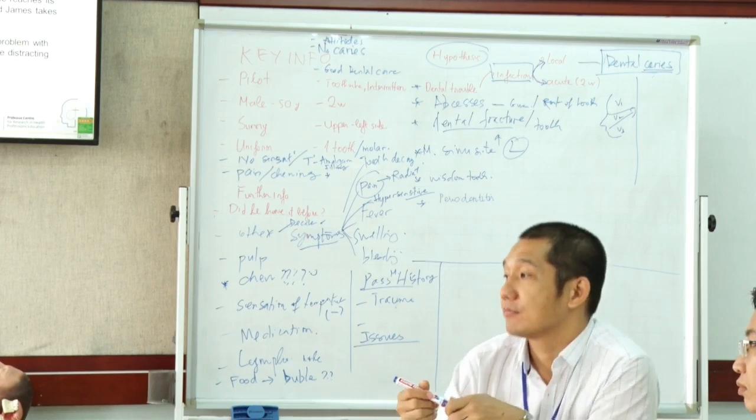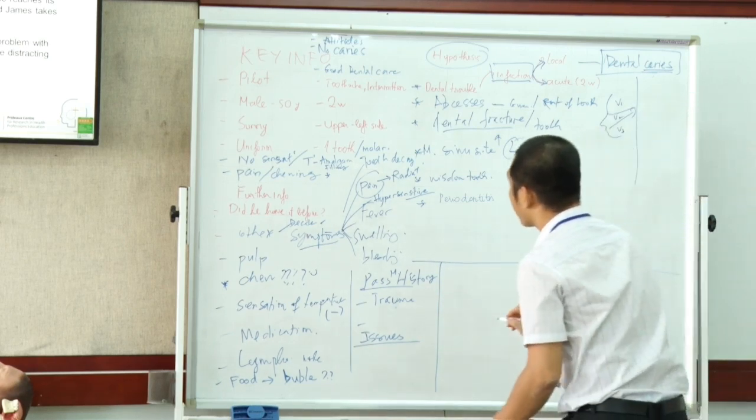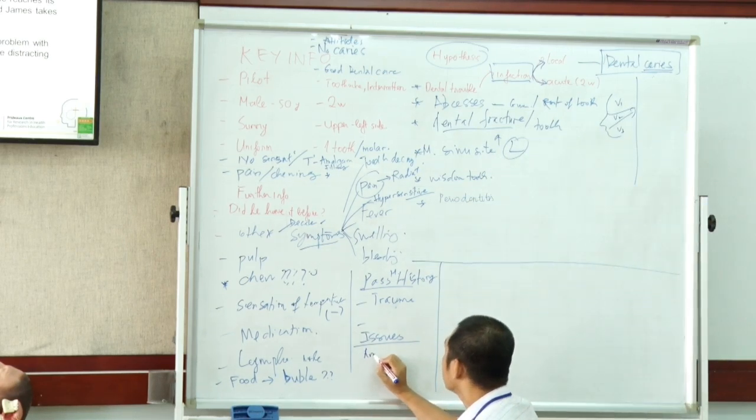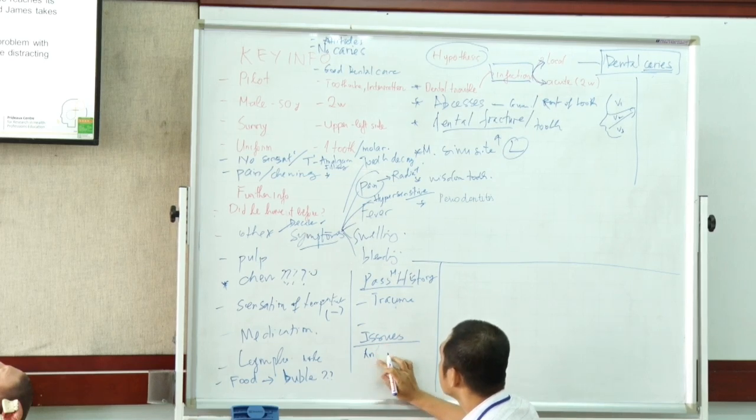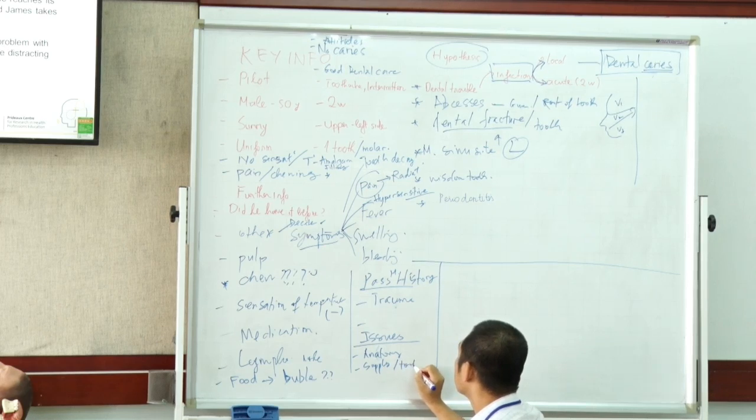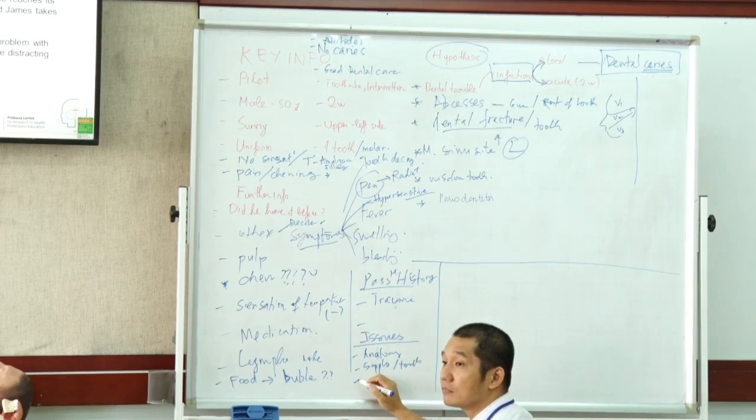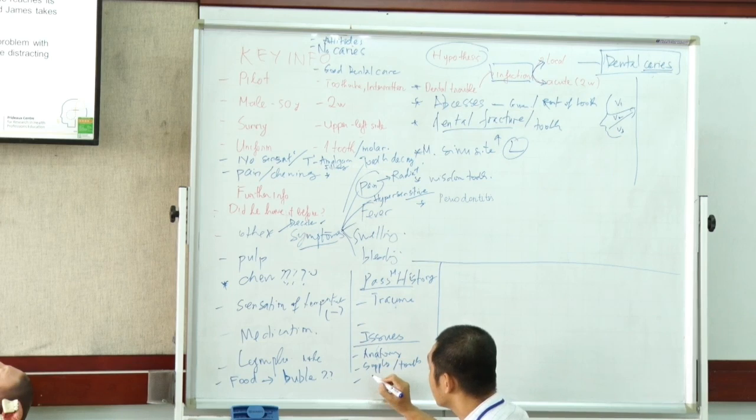Tooth anatomy? Nerve and blood supply to the tooth. Blood supply to the tooth? Tooth infection including the abscess. Tooth infection including abscess?